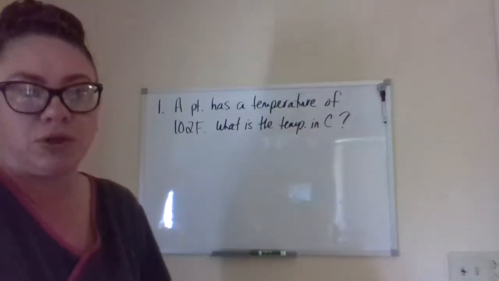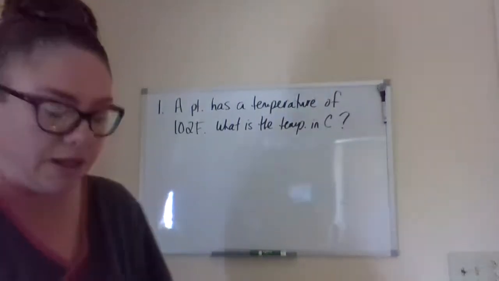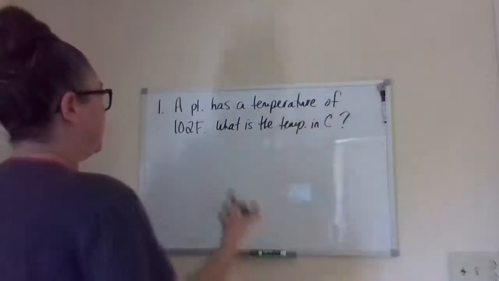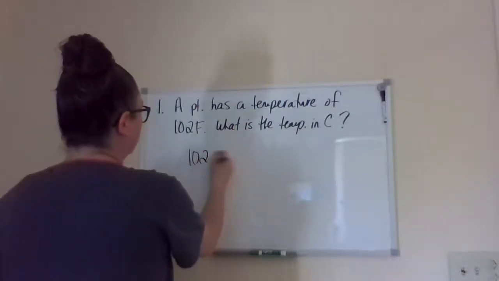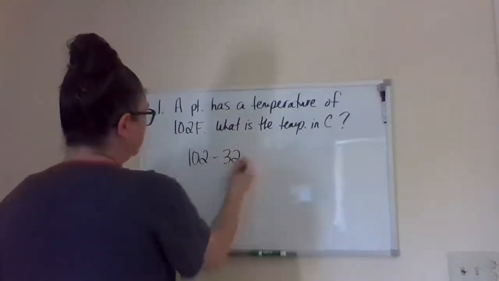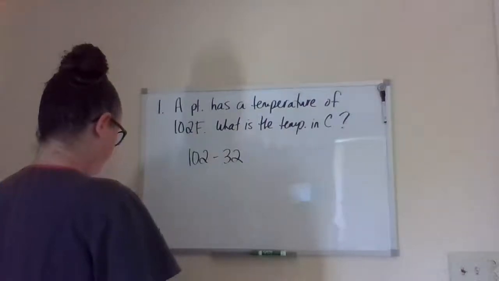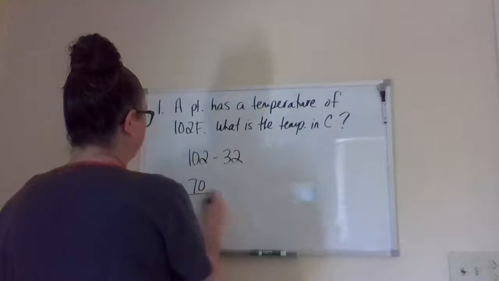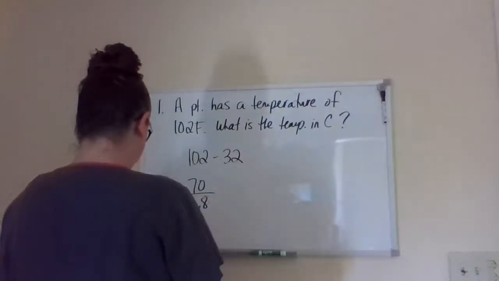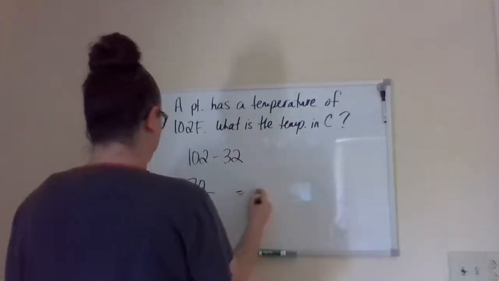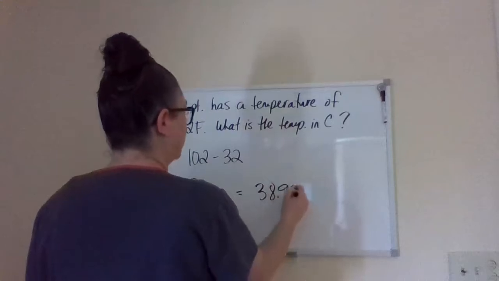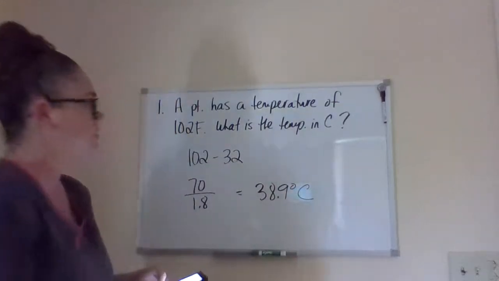What is the temperature in Celsius? You're going to take 102 minus 32, which is 70, divided by 1.8, and we get 38.9 degrees Celsius.